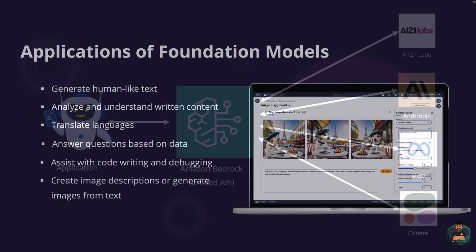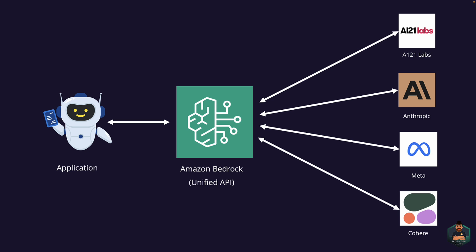While foundation models offer powerful capabilities, integrating them into applications can be tricky, especially when dealing with multiple models from different providers. Amazon Bedrock addresses this complexity through its single, unified API so you can interact with all the different foundation models using the same interface.